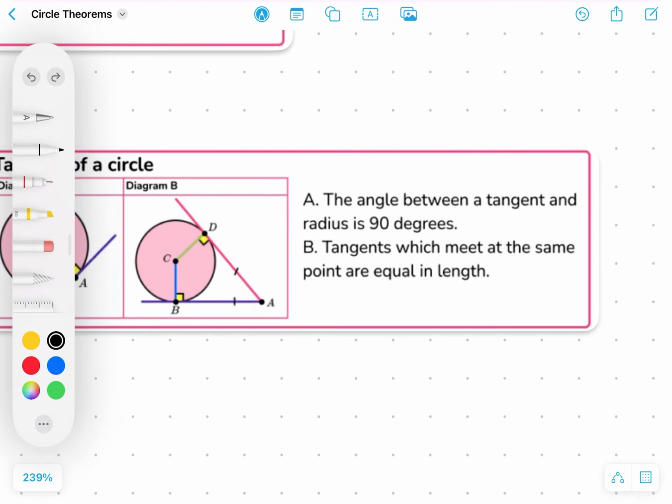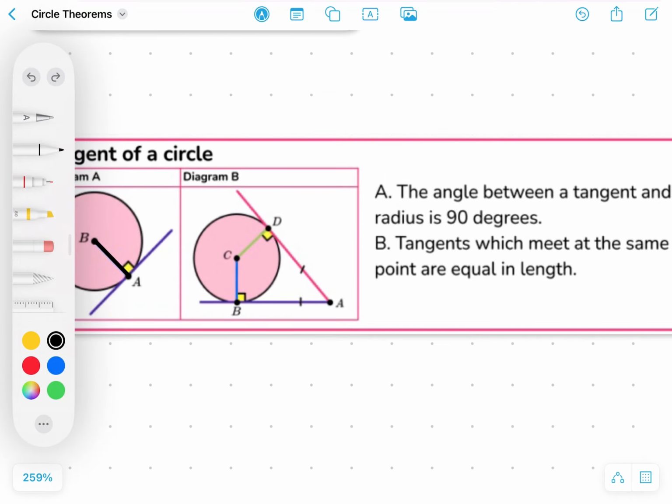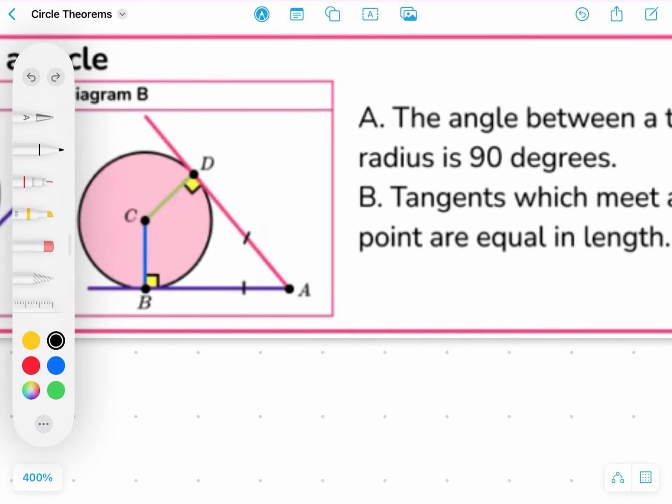And secondly, in the second diagram, we have tangents that meet at an external point of the circle. So you can see these two tangents right here, AD and AB, both meet at this external point A, which is outside the circle.